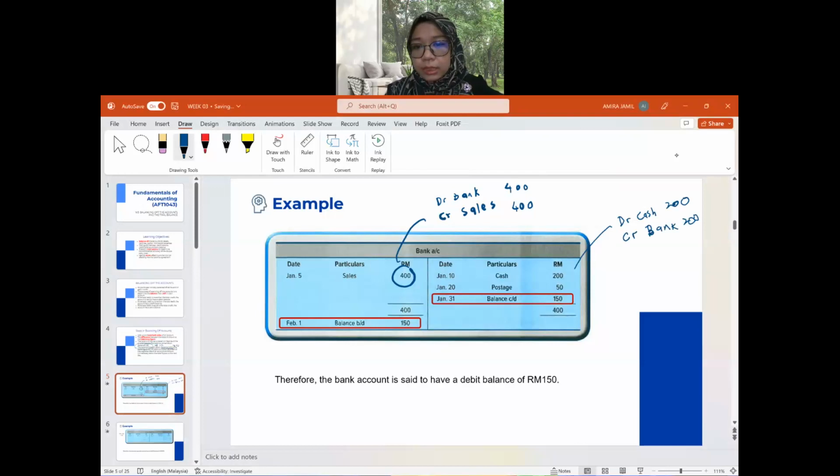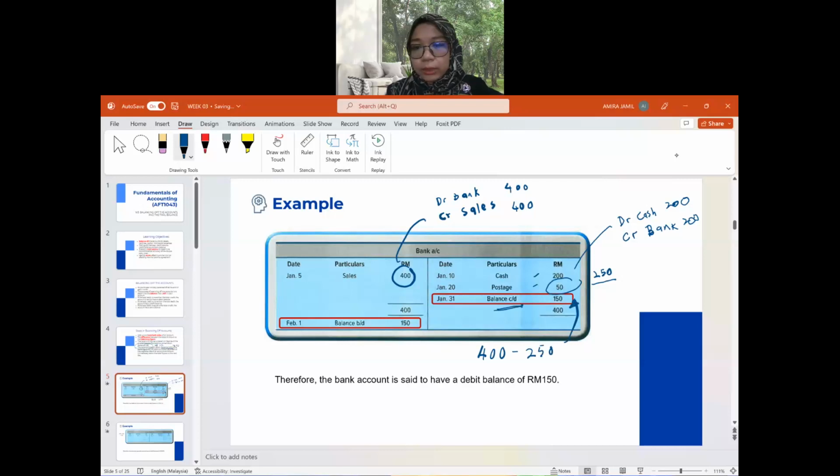And then this is a postage fee we paid using a check or using the bank account. The total here is 400 and the total of this and this is 250. To balance off between 400 and 250, we must do 400 minus 250 equals the balancing figure, and we name it balance CD.